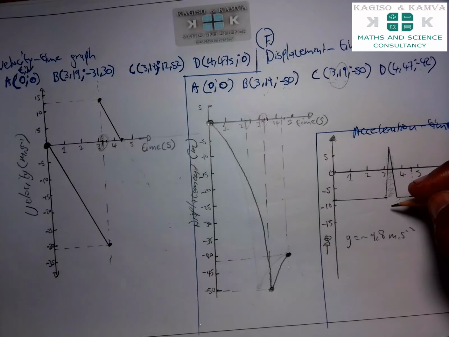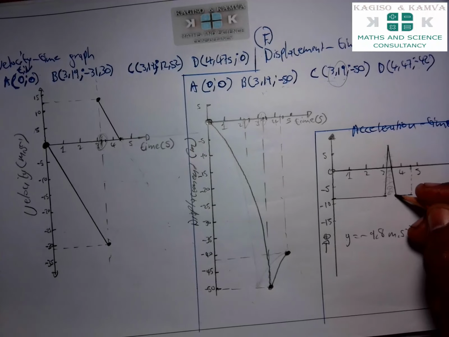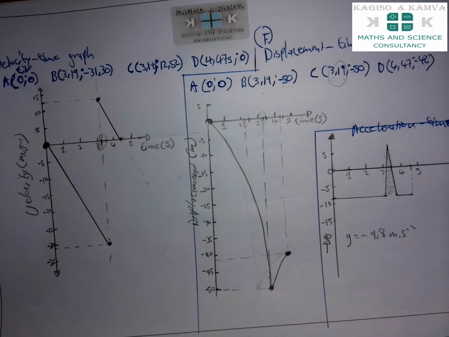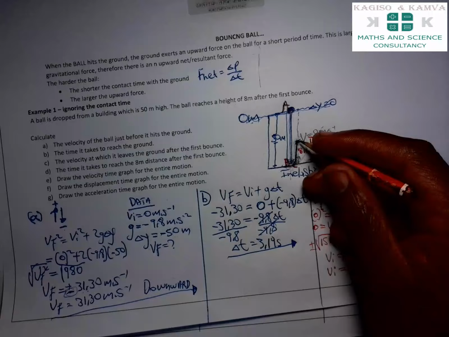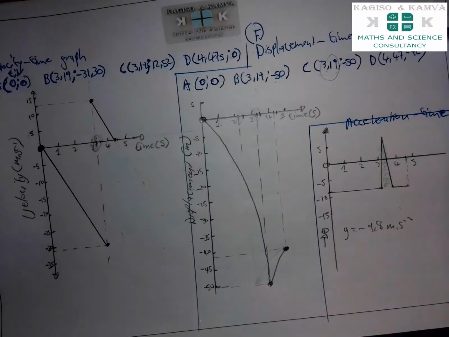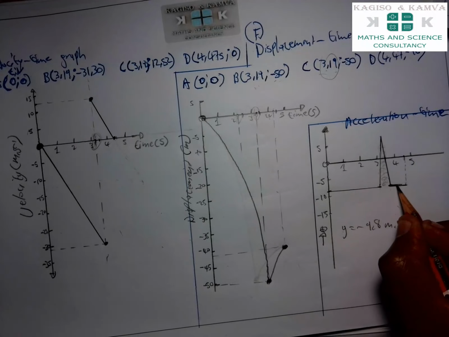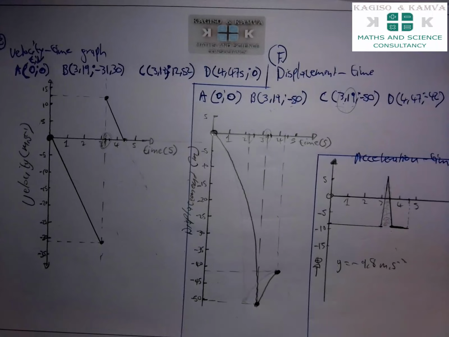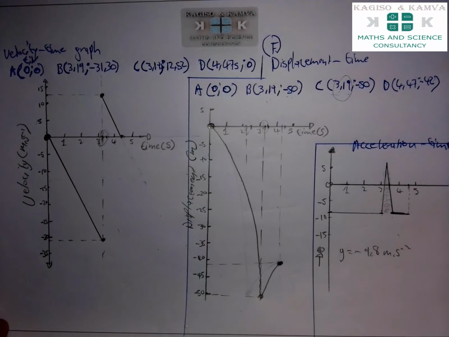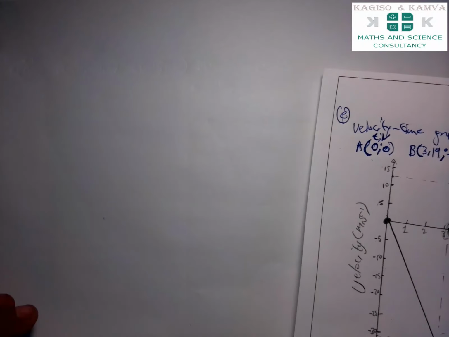It was going down and then it accelerated upward. As soon as gravity was the only force acting, when it went up, the gravitational acceleration was back to 9.8. Okay, good.